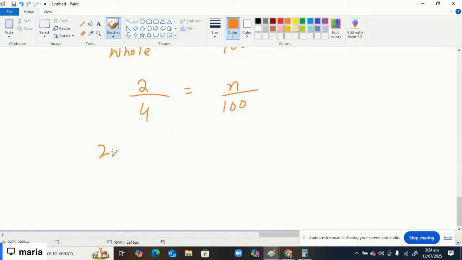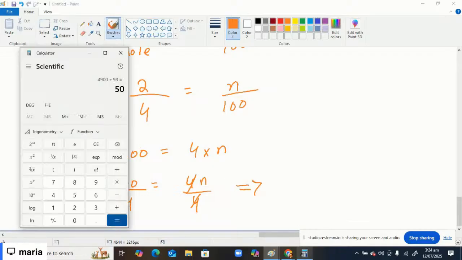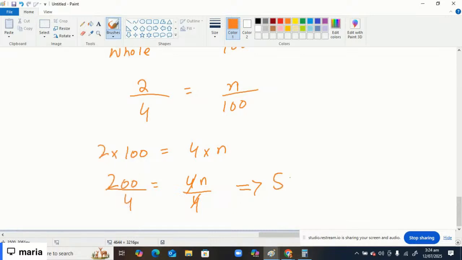Cross multiply: 2 times 100, 4 times n, that is 200, that is 4n. Dividing by 4 on both sides, 200 divided by 4 is 50. So your n is equal to 50 again.